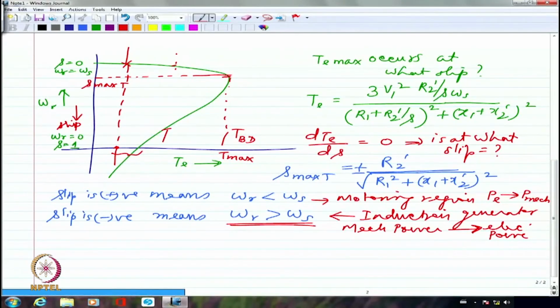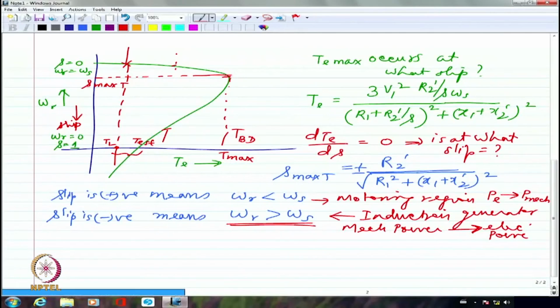I will have acceleration possible only if my starting torque, T_E starting, is greater than T_L. T_L is a particular value of load torque, which is a constant torque load. Unless I have some excess available, the machine is not going to accelerate.